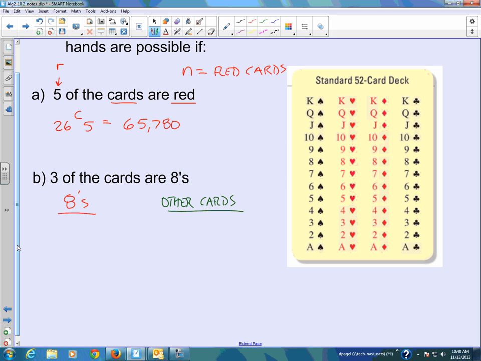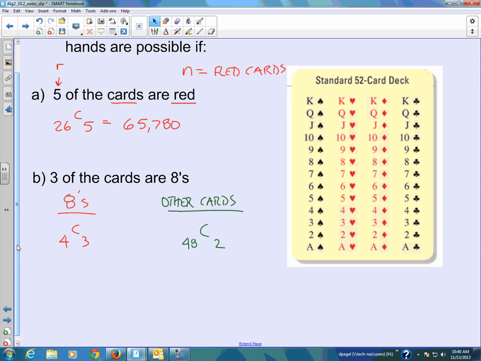So in the first barrel of 8s, there are 4 8s, and I'm going to pick 3 of them. And in the second barrel, with our remaining cards, which are 48 of them that are not 8s, we're going to pick up 2 more. That gives us the total of the 5 cards out of the 52.